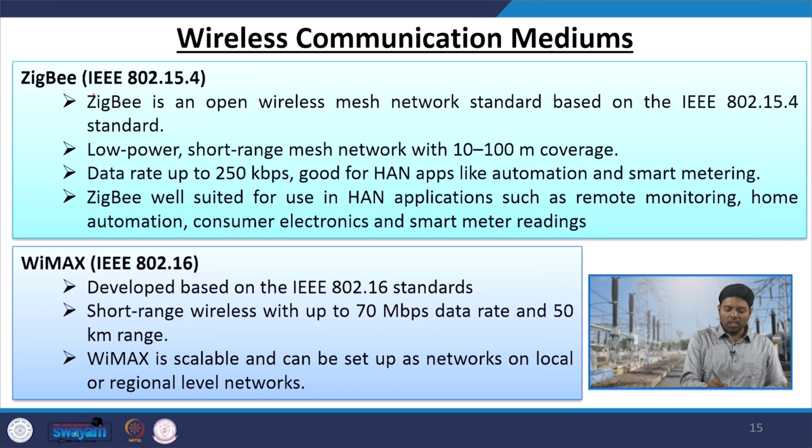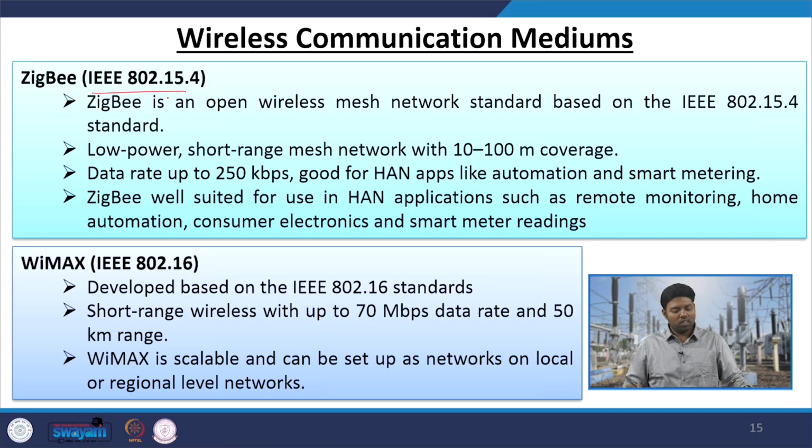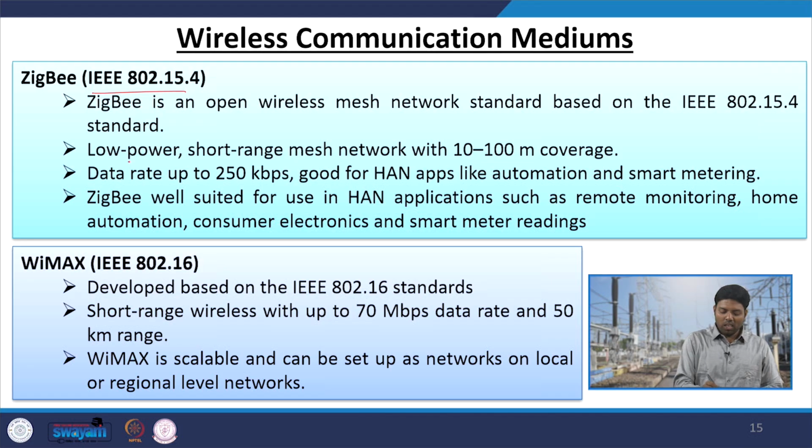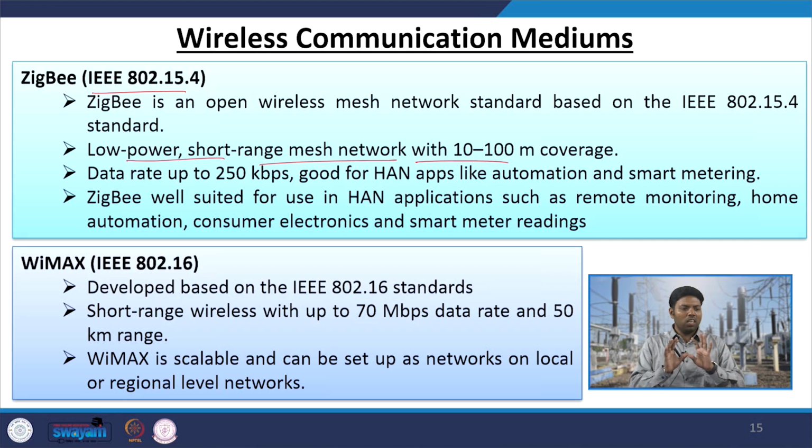Then you have Zigbee, that follows the IEEE 802.15.4 standard. It is a low power, short range mesh network with only 10 to 100 meter of range. So it is a very short range, only, let us say, a single room you can cover, or sometimes a small area, not a very big utility area or distribution network.